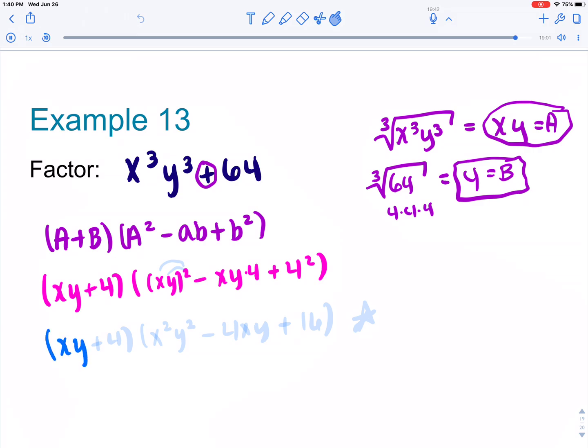So xy plus 4, (xy) squared, so that's x squared times y squared. So be careful when you write that one out, because remember, you've got to share the exponent. And then xy times 4 is just 4xy. And then 4 squared is 16. So then there's my answer for that one.